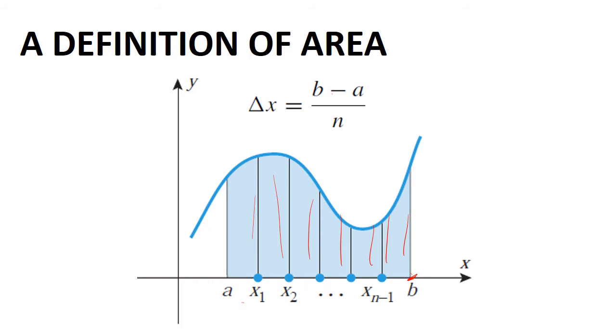Okay? Kasi equal nga. So, i-divide mo lang yung total length ng interval from A to B by the number of strips, which is n. Number of rectangles na hatian mo. So, pakitake note itong formula na to. Ito yung width ng bawat rectangle.